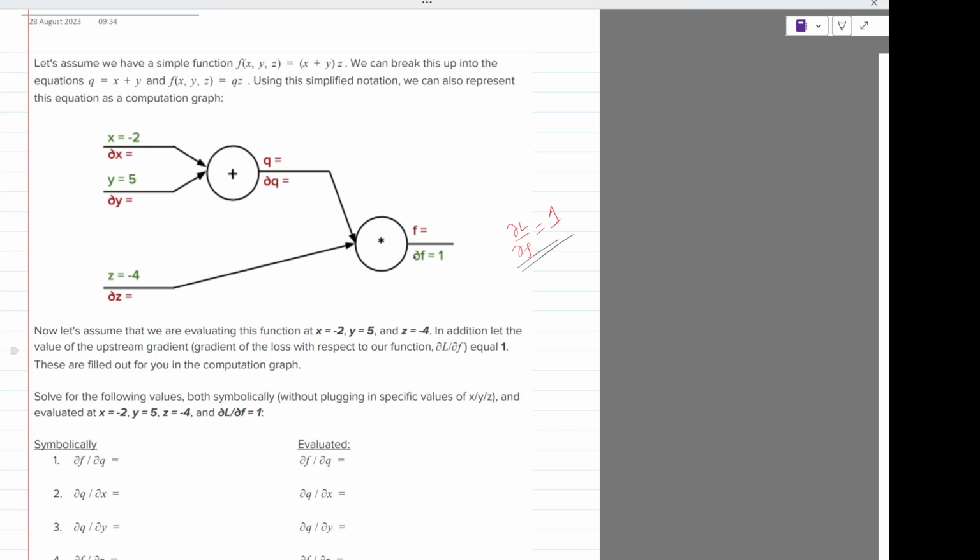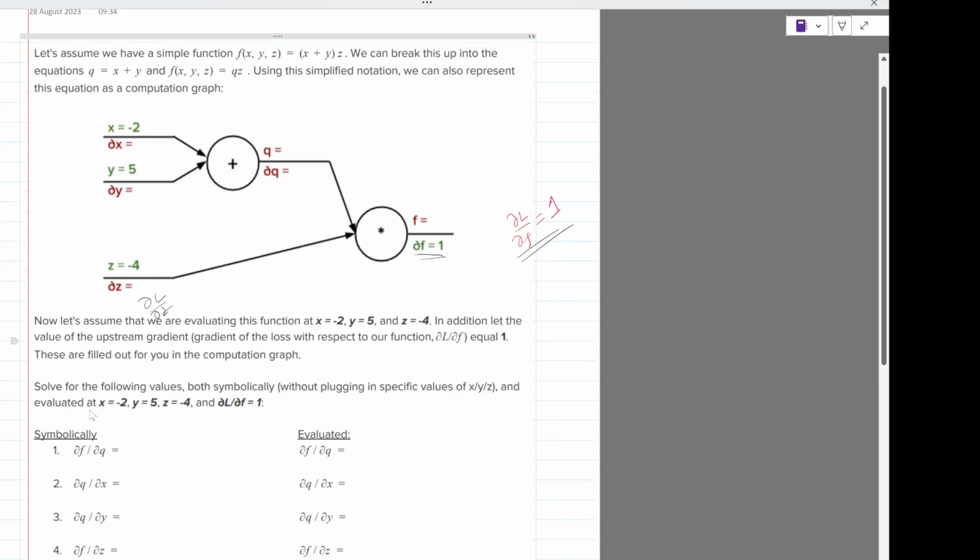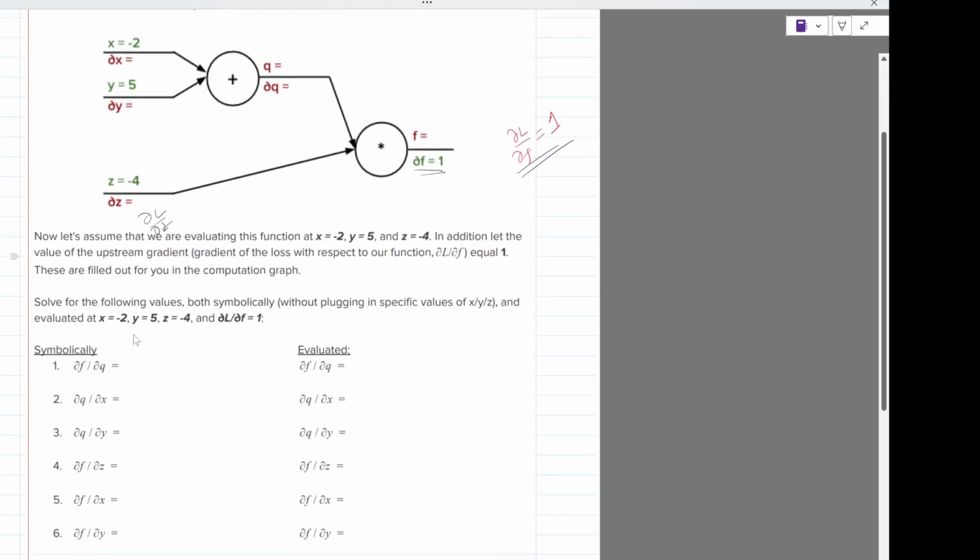And we want to find del L by del Z, something like that. They are asking us to solve it symbolically and also evaluate.